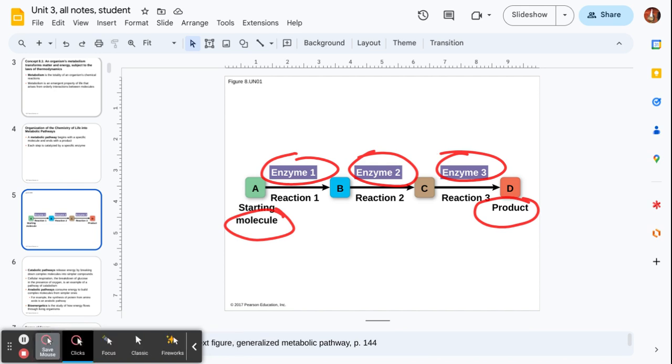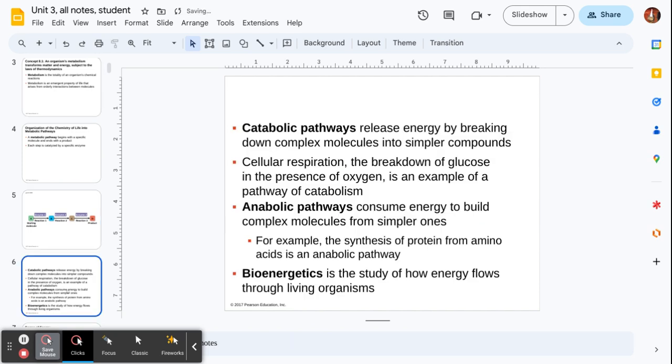When we talk about chemical reactions, there's really only two. You have catabolic reactions, or catabolic pathways in this case, and you have anabolic. Let's look at just anabolic first. Anabolic, what does that word bring to mind?